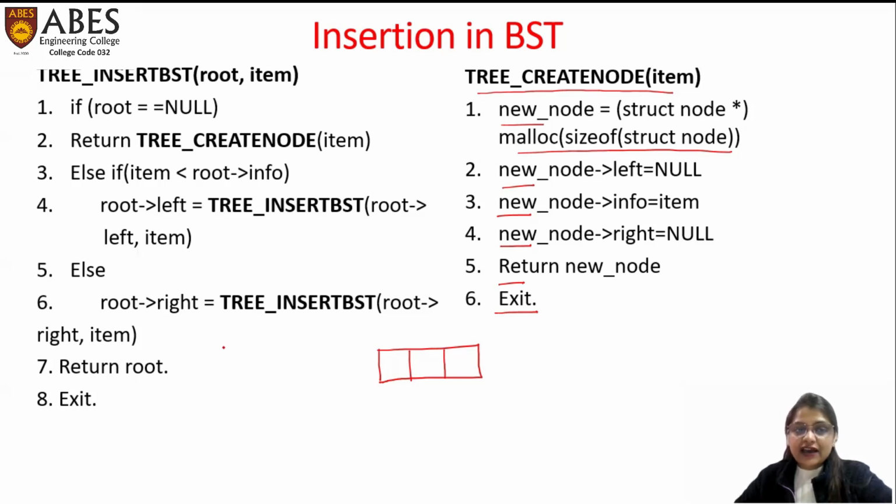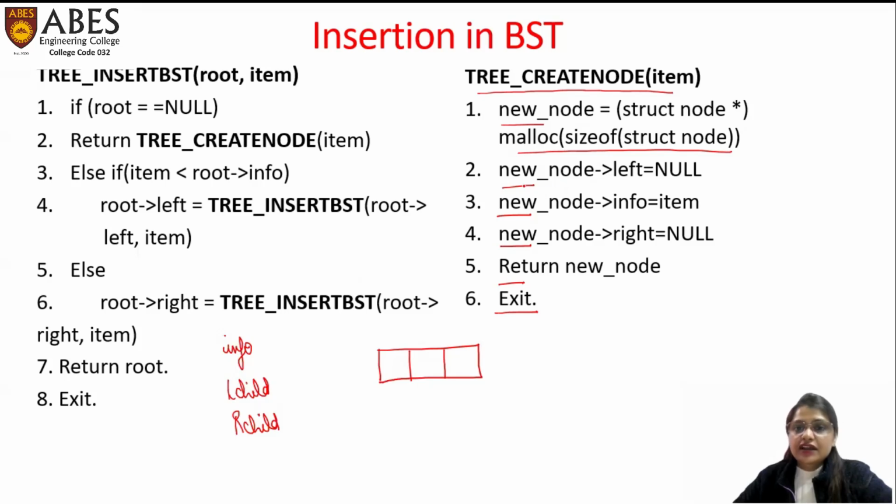It will have an info part, a left child, as well as a right child. Here we are just dynamically creating a node, and for defining a node dynamically at runtime, this is the syntax corresponding to it.